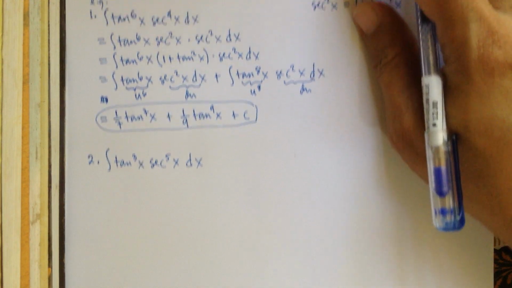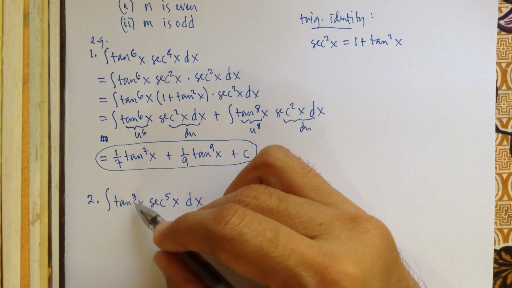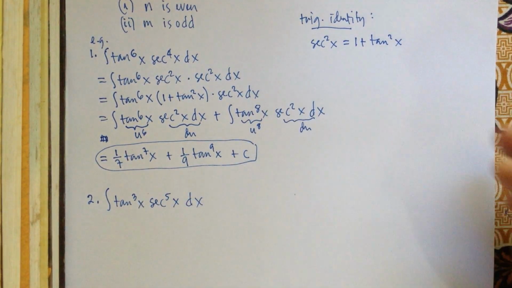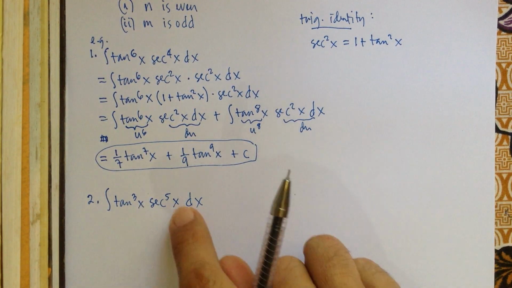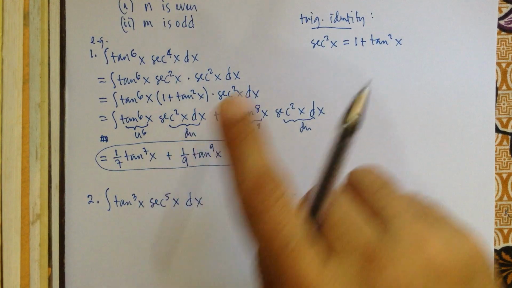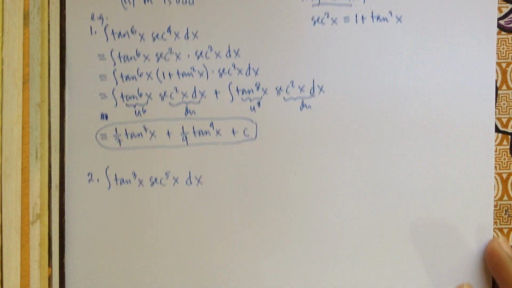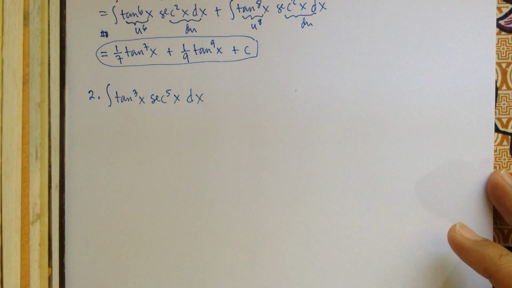For this particular case, what's important is the exponent of your tangent is odd. So it doesn't matter whether the exponent of your secant is odd or even. But if the exponent of your secant is even, then you can use case number 1. Okay. So what to do for this particular case?